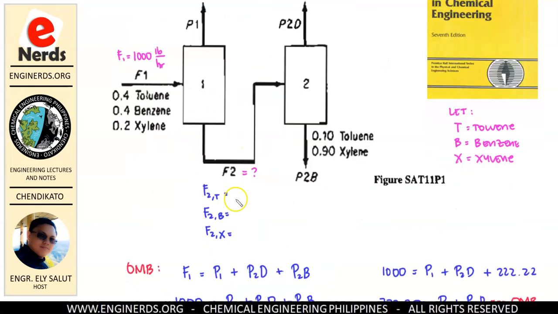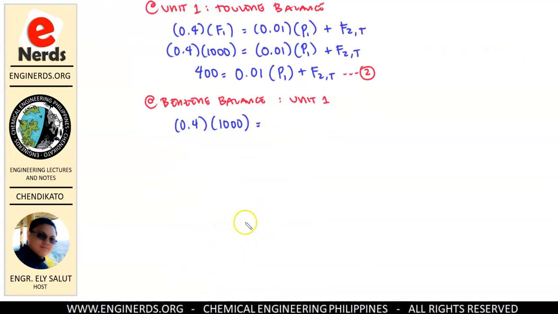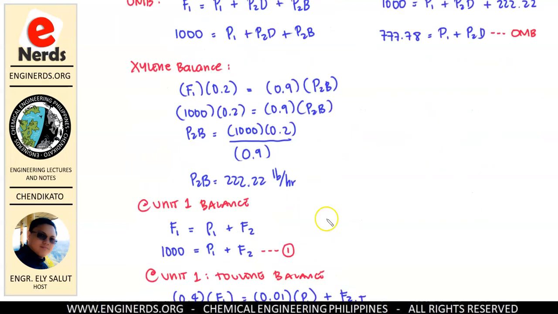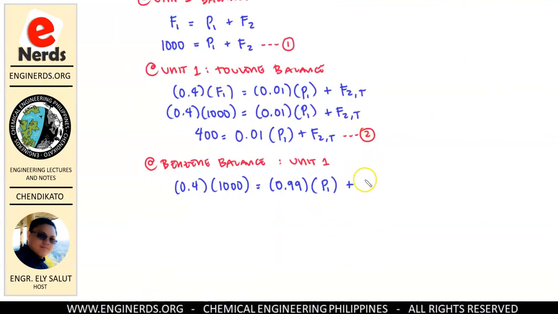We have 0.99. So, we have 0.99 times P1 plus the benzene in our F2, which is F2B. Let me have this as equation 3.